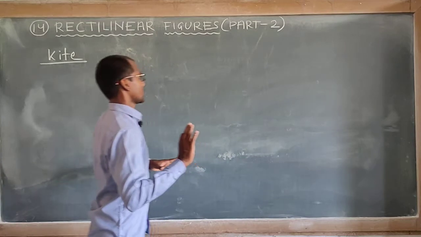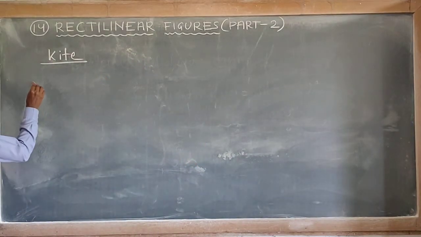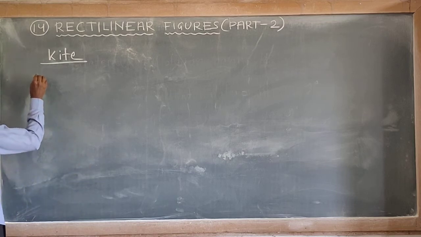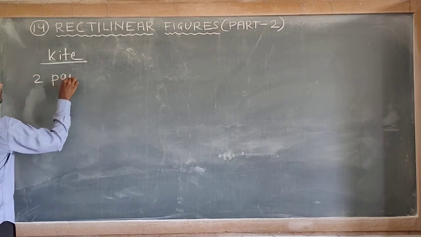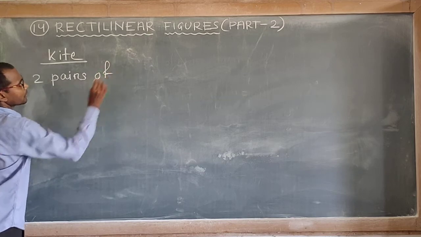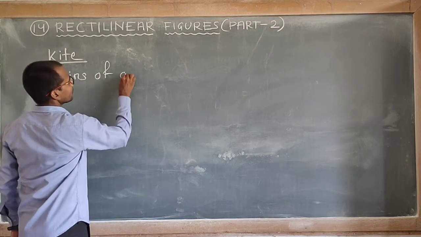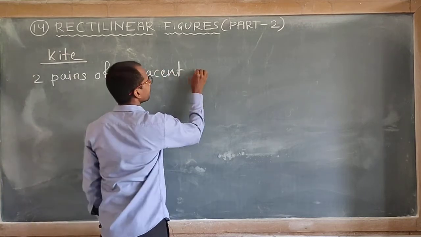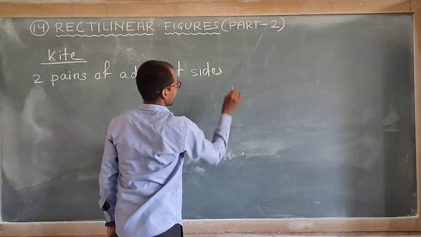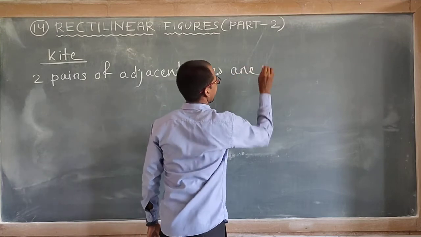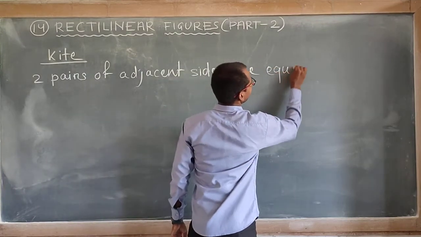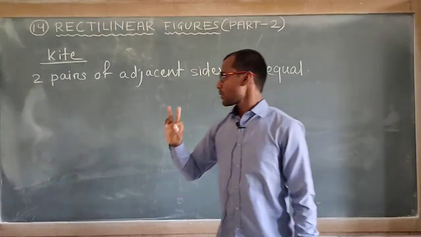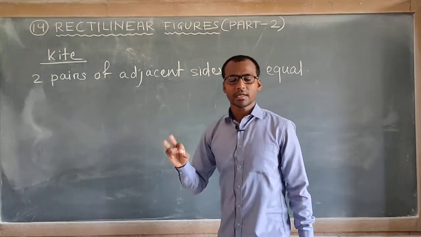The definition of a kite is: it is a quadrilateral in which two pairs of adjacent sides are equal. Let us see.